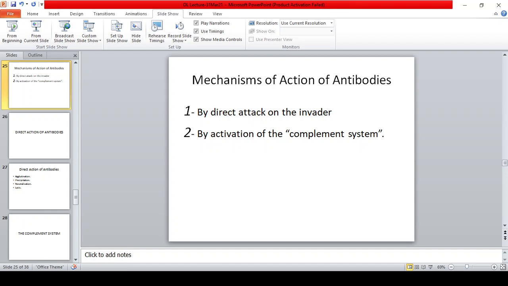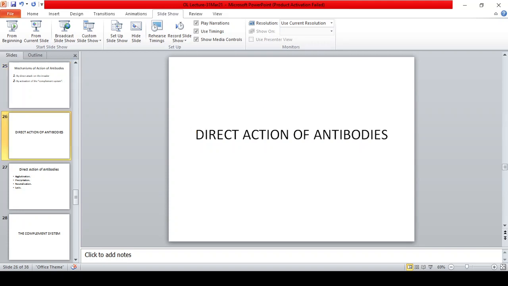Number 1 is by direct attack on the invader cell or foreign cell or the microorganism, and number 2 is by activation of the complement system. So first we will study the direct method or the direct action of antibodies.